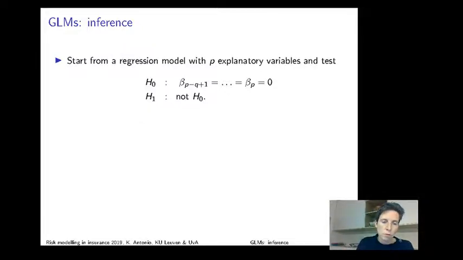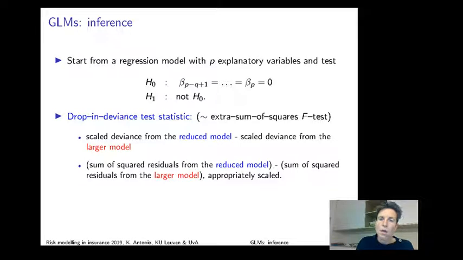And the drop-in deviance test statistic is then defined as follows. So it is the difference, and therefore the drop, between the scaled deviance from the reduced model, so that's the model under the null hypothesis, and the scaled deviance from the larger model, the model that you get in the alternative hypothesis.